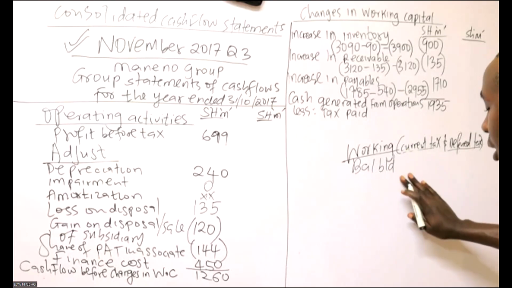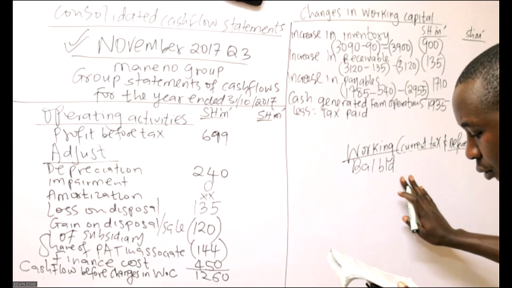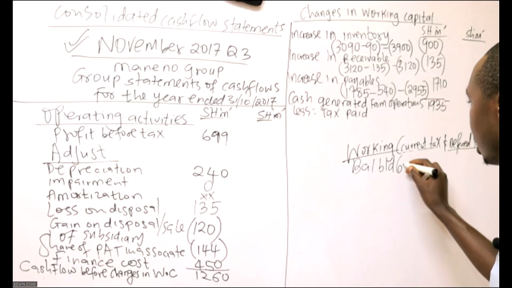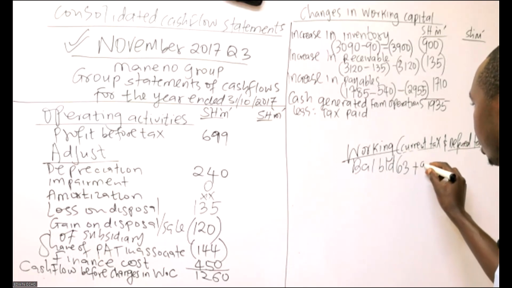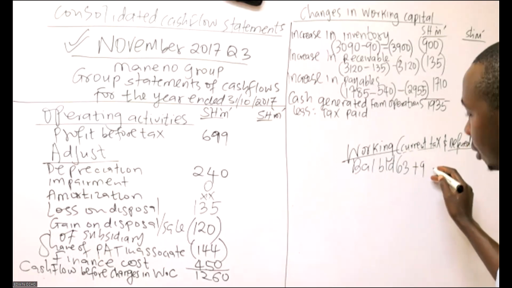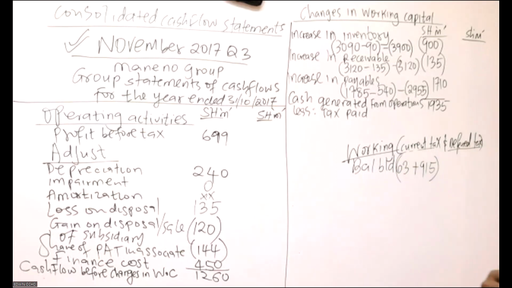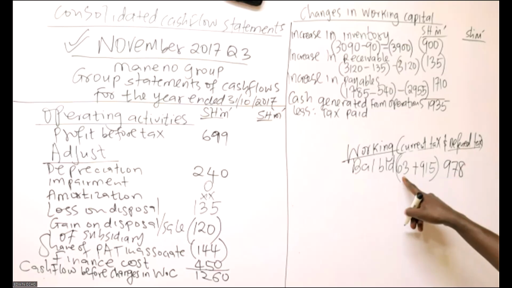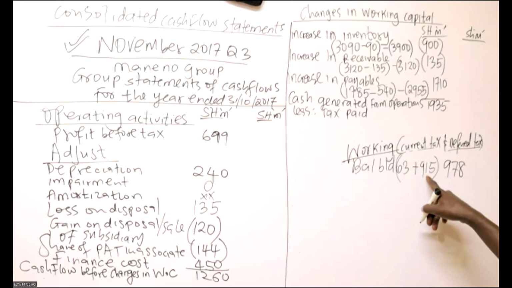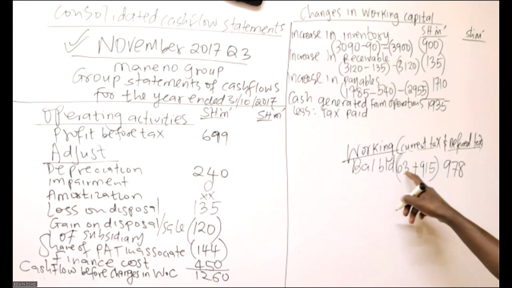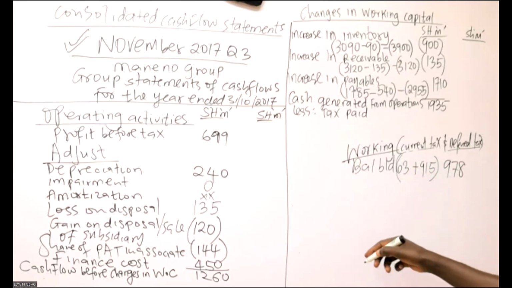Or I start with current, 2016, 63 plus 915. That is 978. But this is current and deferred tax, both as at the end of 2016.